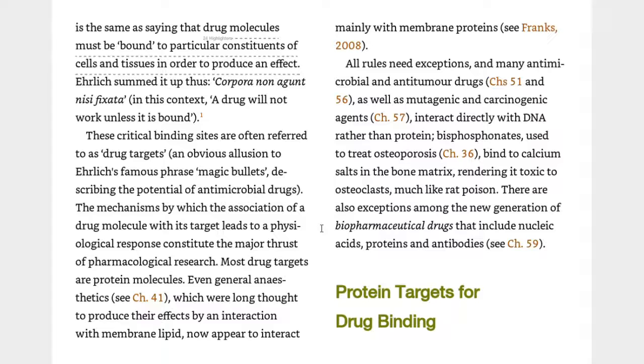So I'll be detailing a diagrammatic representation of how a receptor and ligand interact.